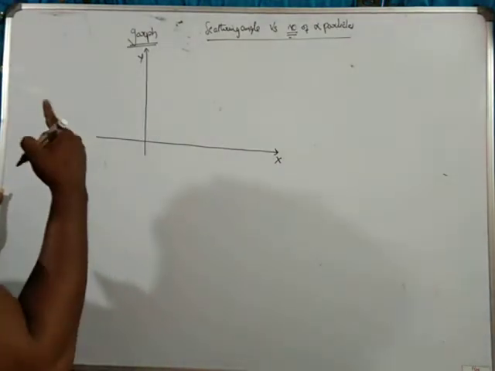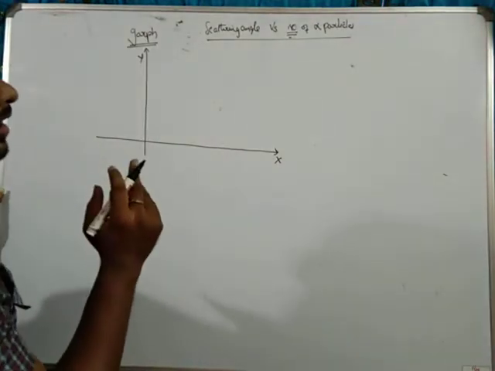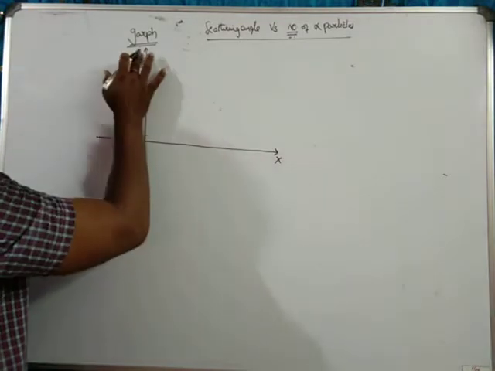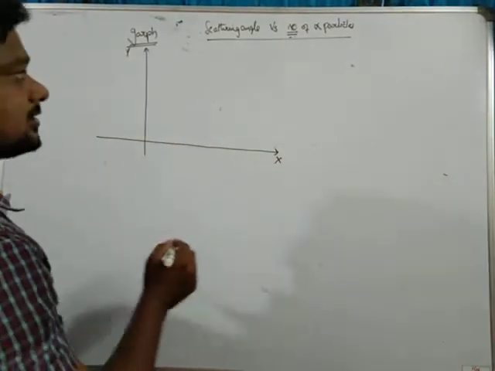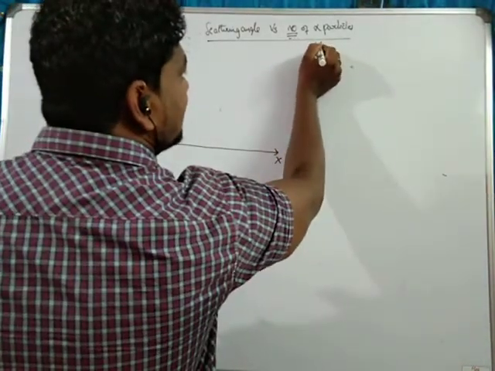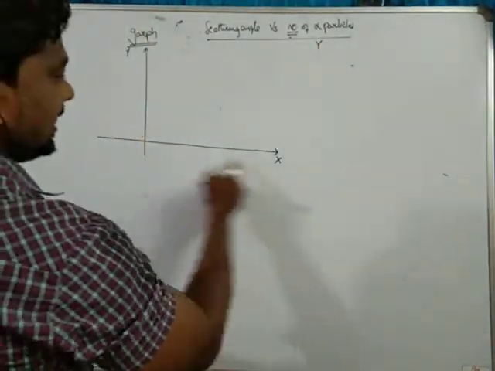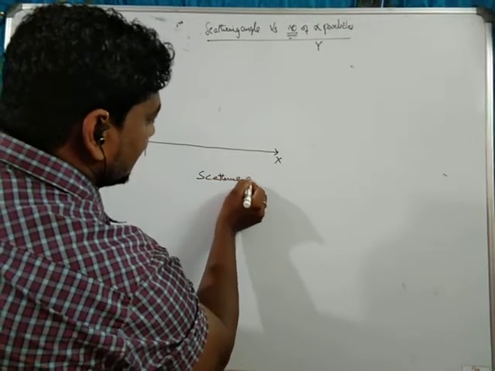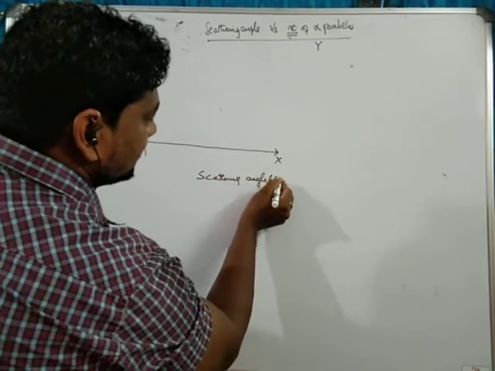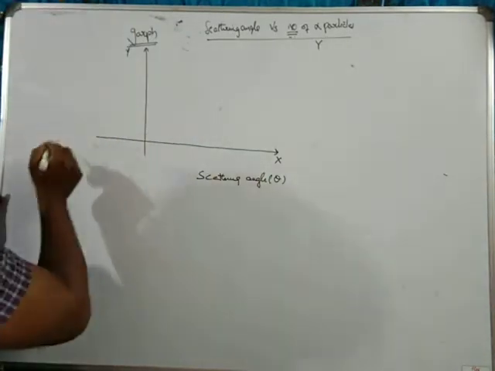Already we stated we release alpha particles in some millions. So for this we consider the y-axis: in the y-axis we will consider the number of alpha particles. In the x-axis, scattering angle, which is denoted with theta.